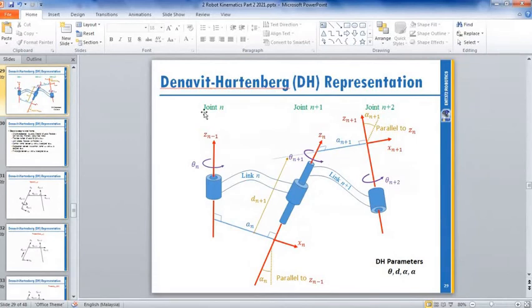Okay. So this is the DH method, Denavit-Hartenberg. The DH method is an improvement from the homogeneous transformation matrix method for kinematics. In the DH method, they try to simplify the calculation.